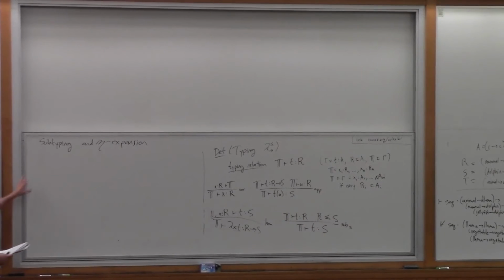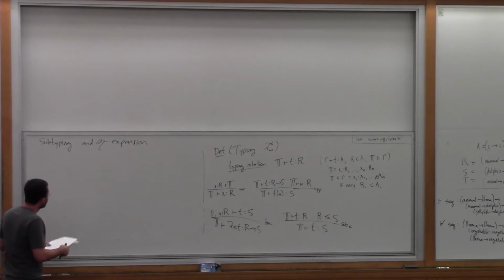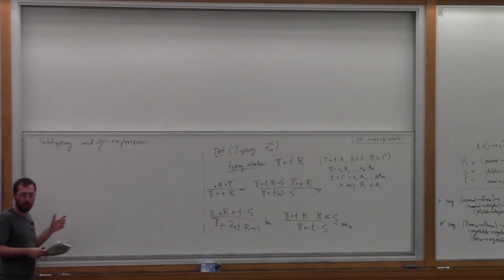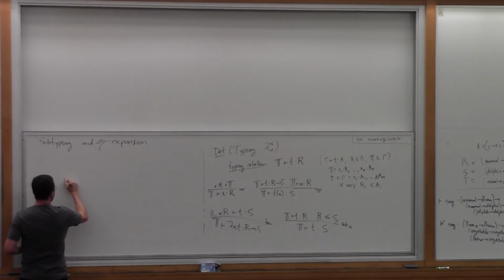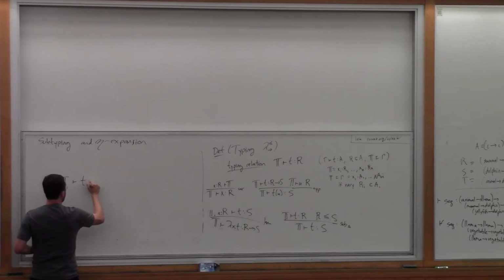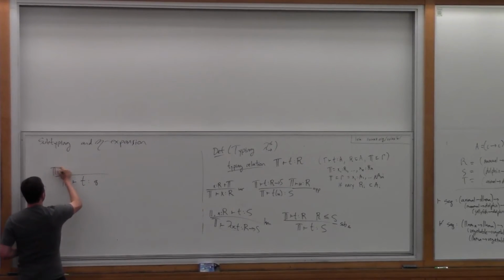But okay, there's a little observation about this type refinement system, that there's a connection between subtyping and eta expansion, and there's a sense in which you can see instances of subtyping as implicitly hiding eta expansion. The idea here is, suppose that we take the subsumption rule and we restrict it like this.